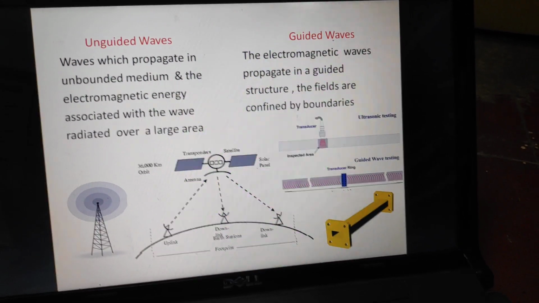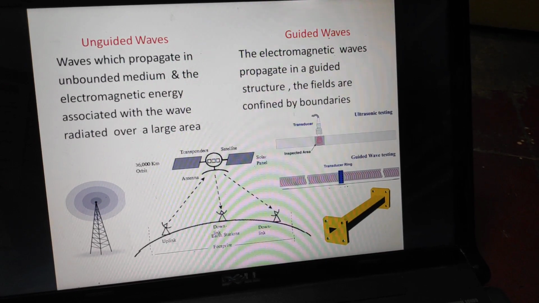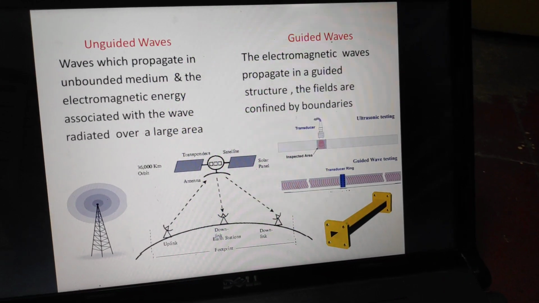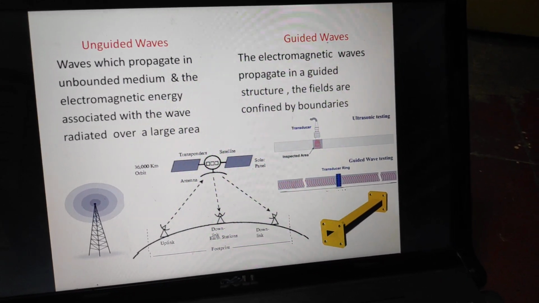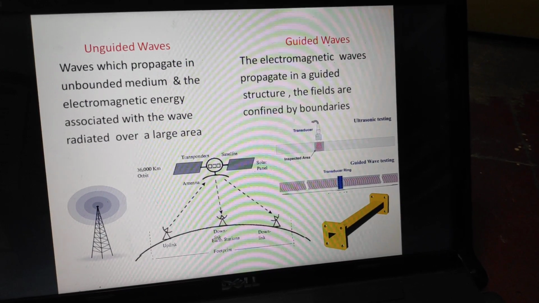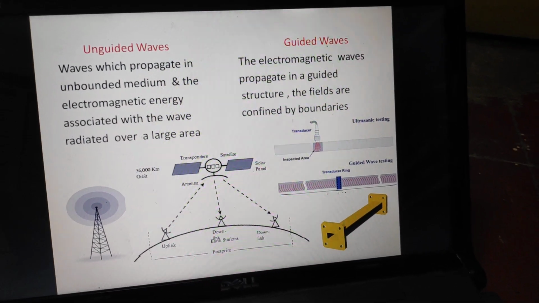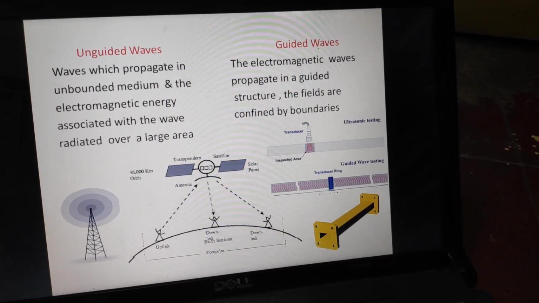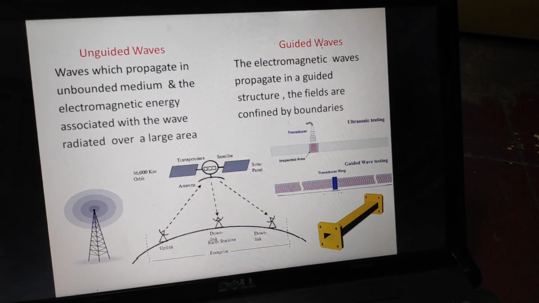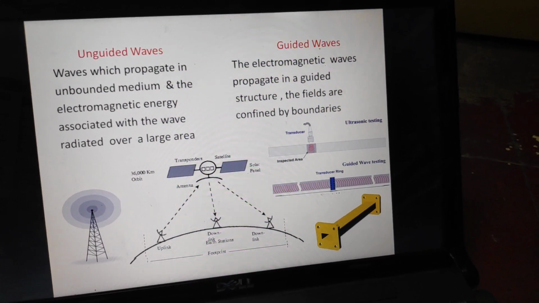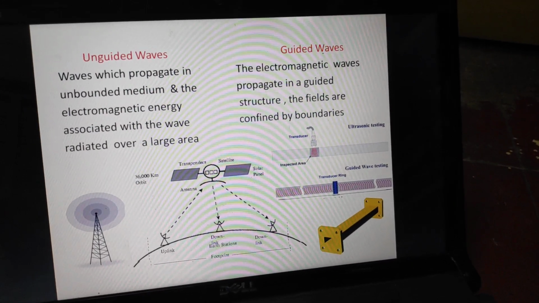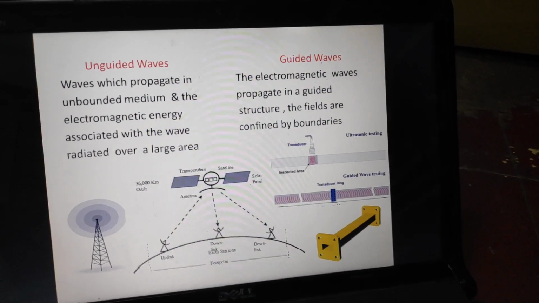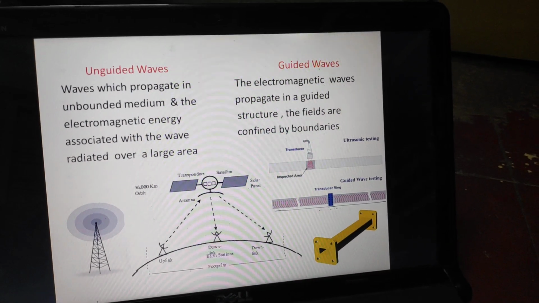If you take a coaxial cable, you'll have different boundaries inside the cable. At one point the signals will be transmitted, and at the other point you'll be receiving them. Another example for guided waves is the waveguide, the best example, where you have a confined region of different planes. You'll have horizontal and vertical planes, and in between them the electromagnetic waves will be radiated, and based on reflections they move from source to destination.